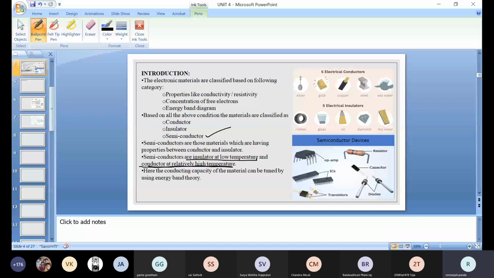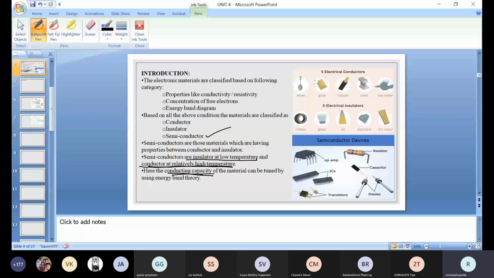Now, examples of conductors, as I told you: silver, gold, copper, steel, salt water, brine solution. Brine solution is also salt water. Here salt and water are of equal amount, but seawater does not have that ratio. That's why seawater and brine solution are different.